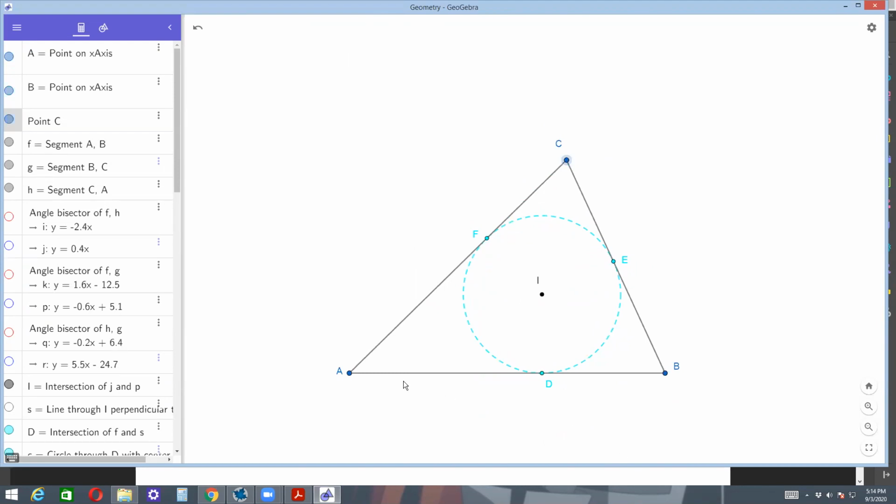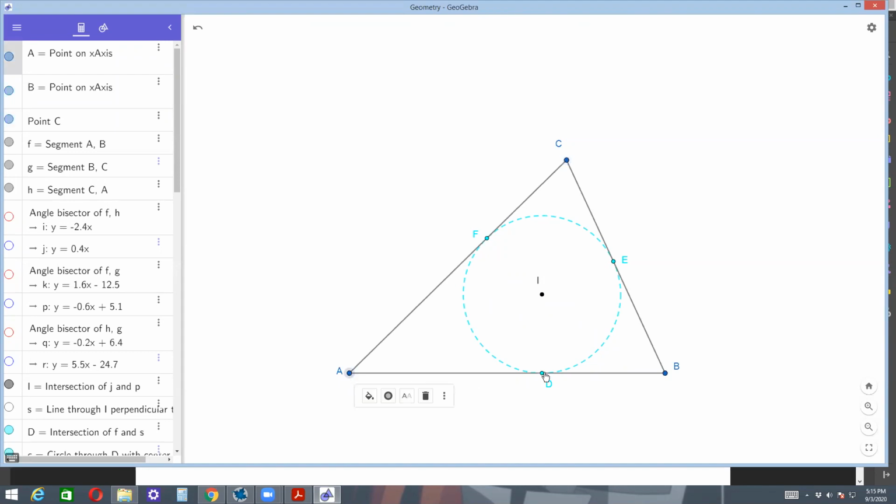Okay, right. You see these distances here, AD and AF? We know they're equal, right? Because these are tangents. But I can actually tell you what AD is in terms of the overall lengths. So if this is a, this is b, and this is c, remember, the semi-perimeter s is (a plus b plus c) over 2.